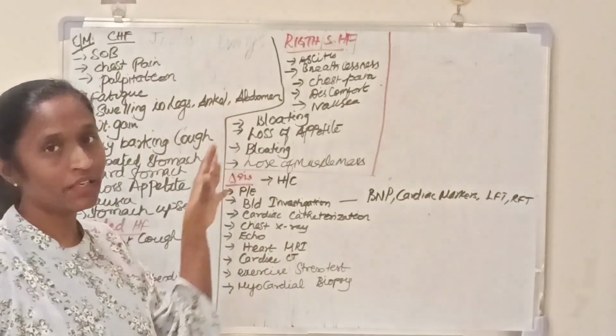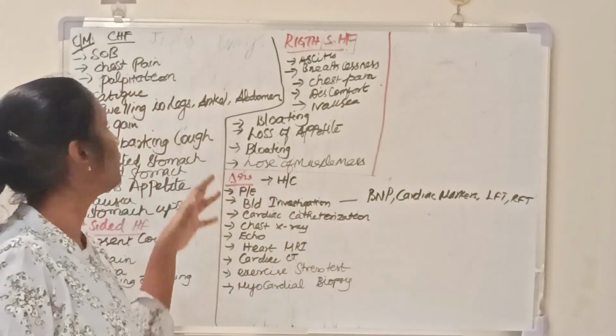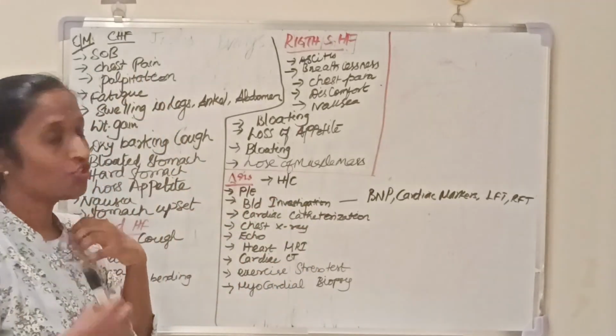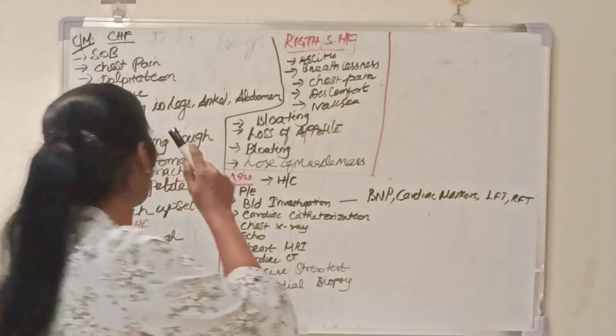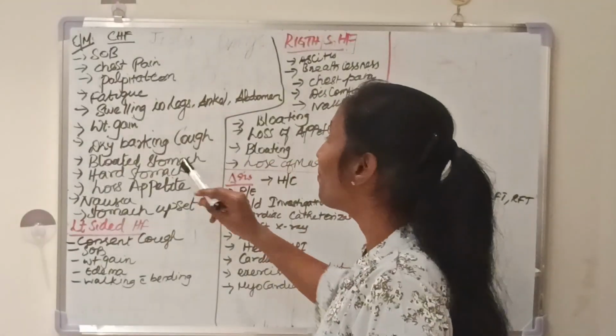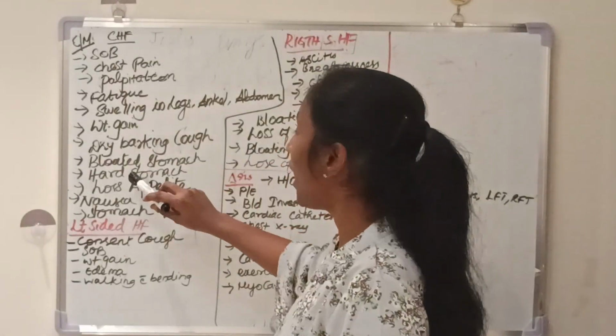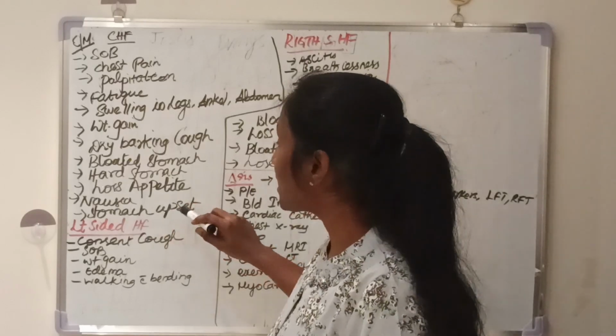So these are the clinical signs. Congestive heart failure: shortness of breath, chest pain, palpitation, fatigue, swelling of the legs, ankles and abdomen, weight gain, dry barking cough, bloated stomach and hard stomach, loss of appetite, nausea, stomach upset.